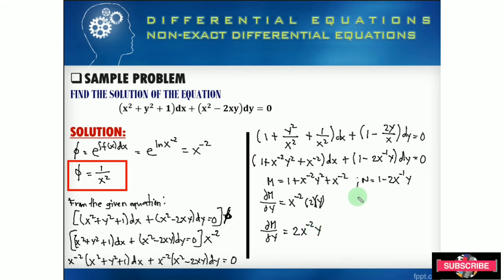So how about our partial derivative of n with respect now to x? Our variable here is x.